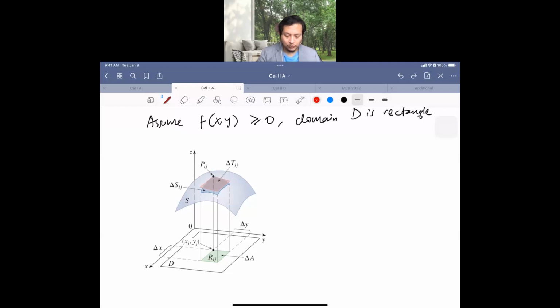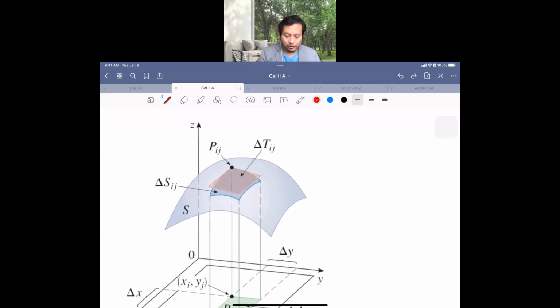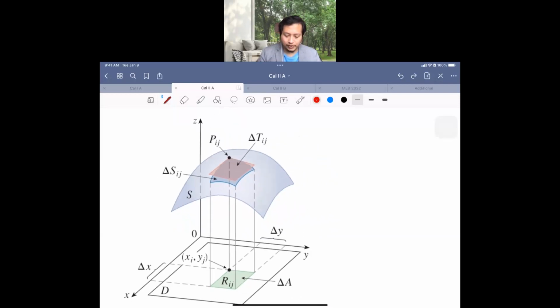If we compare, this is the real surface, the surface that we want to evaluate, and this is the projection of the rectangle. Now, there are gaps, right?